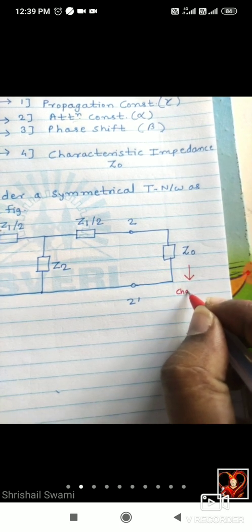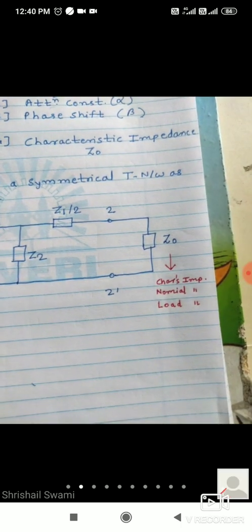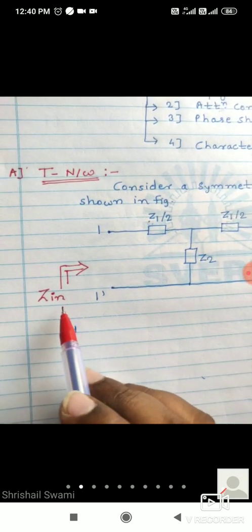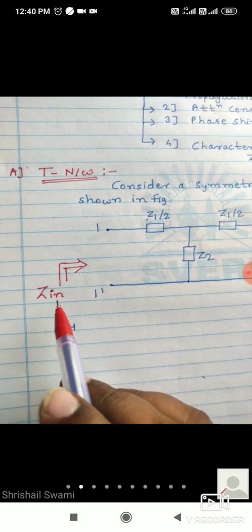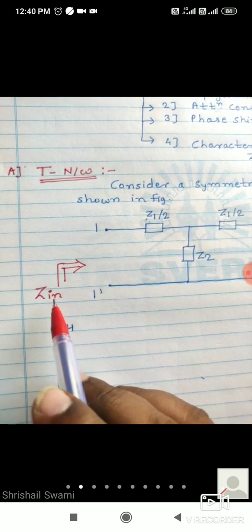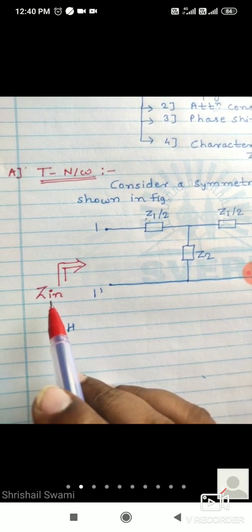So what is Z0? We can call it the characteristic impedance, the nominal impedance, or the load impedance, all having the same meaning, that is Z0. Here we are going to calculate the driving point impedance, or input impedance, at port 1 dash.